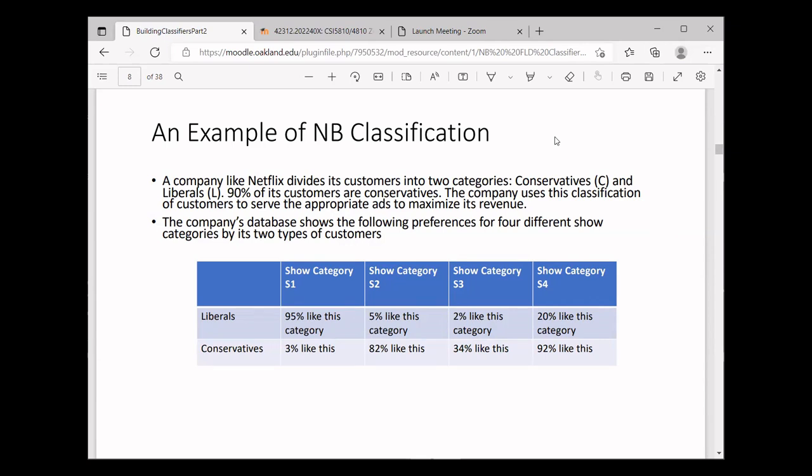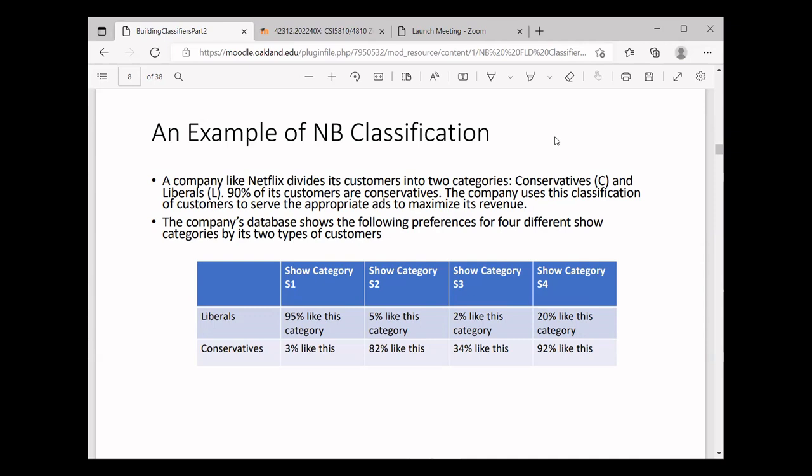What the company does is use this classification of customers to serve the appropriate ads to maximize its revenue. So basically, if the customer is a conservative customer, you want to show them the ads that will run on Fox News channel. That's a conservative channel.